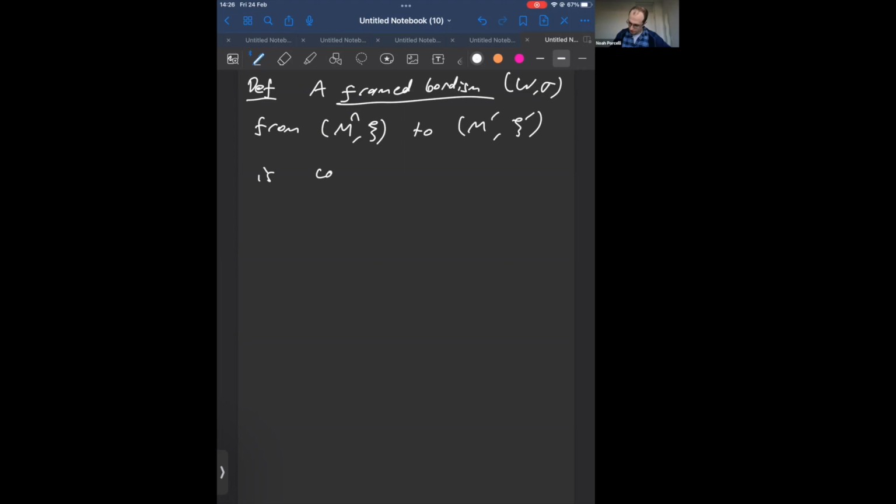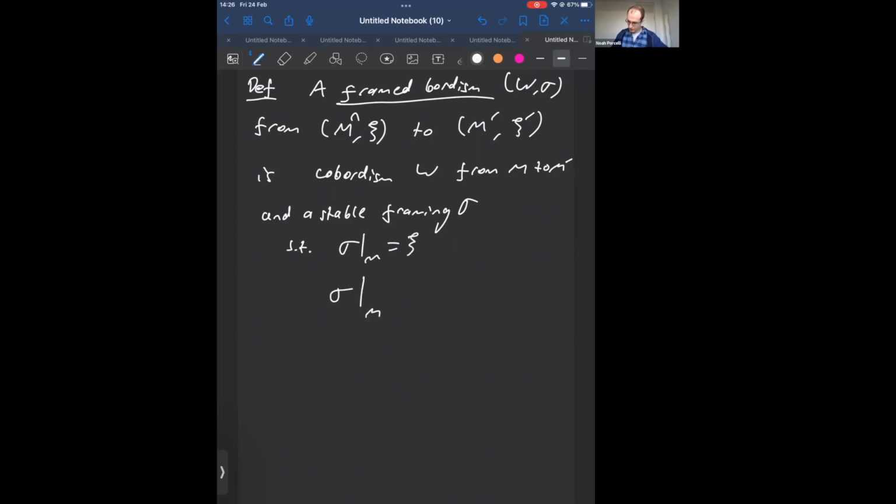It's a cobordism W from M to M', along with a stable framing on W, which restricts to C and C'. And I need a minus in here as well. So the stable framing on W restricts to C on M and minus C' on M'.